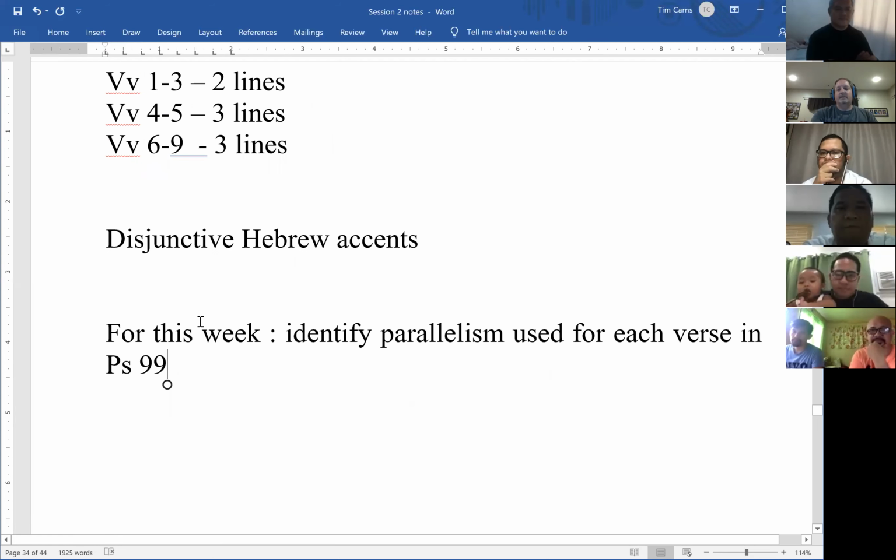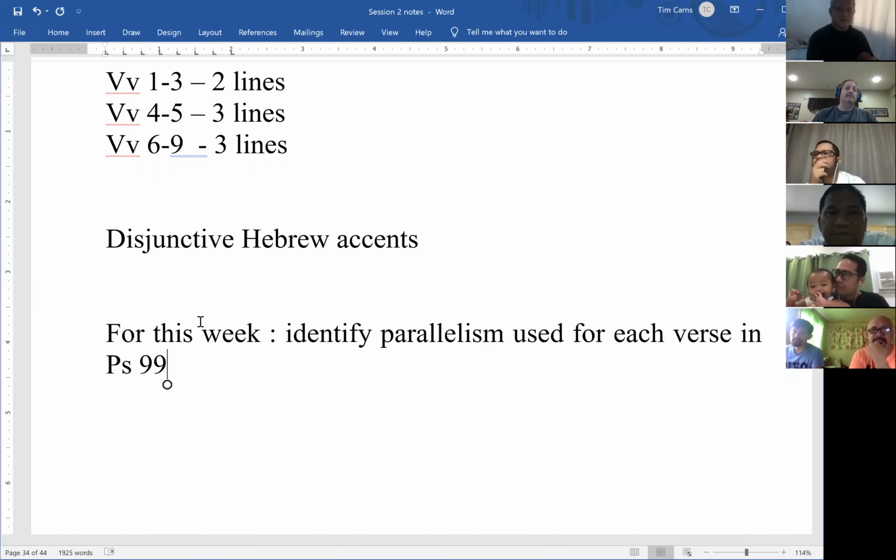And we'll go through that together. Then next week, we will begin to take a look at the poetic devices, the figurative language, imagery, and stuff like that.